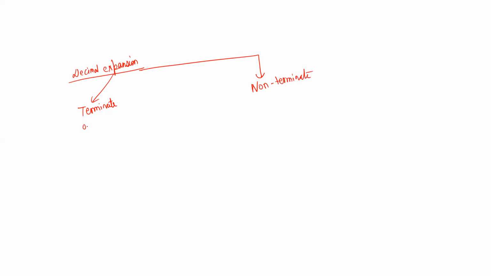Next, decimal expansion can be of two types. Either it would terminate or it would non-terminate. If I take 0.2, this is terminating. It means the decimal expansion has stopped here. We can write it as 2 by 10, that is 1 by 5.